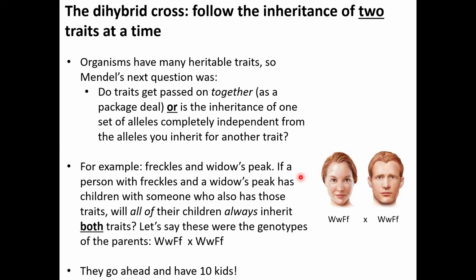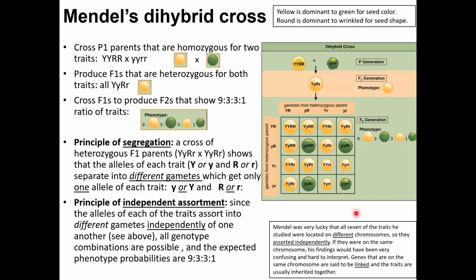So, for example, let's call these two Ellen and Bob. Ellen and Bob both have freckles and widow's peaks. If they have kids together, what traits will they inherit? Would they actually inherit all of them? If they have 10 kids, what happens?